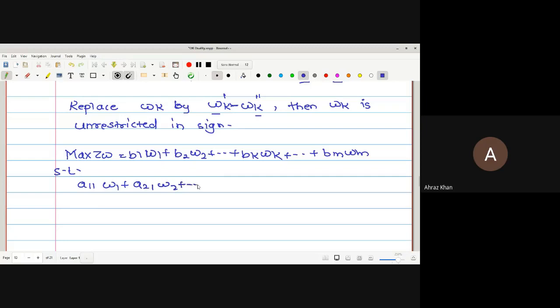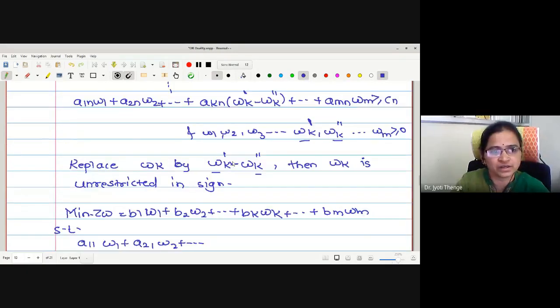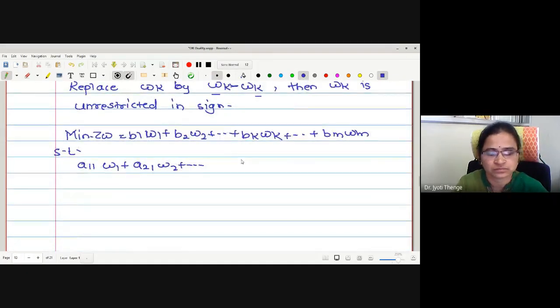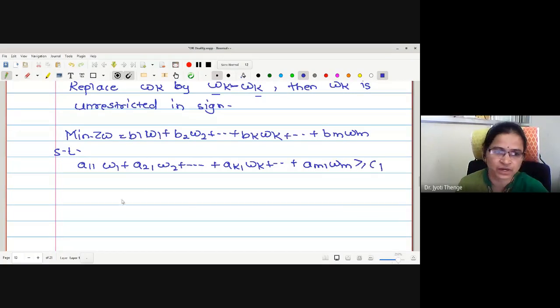What I have written here: AK1 WK, and so on, AM1 WM greater or equal to C1.